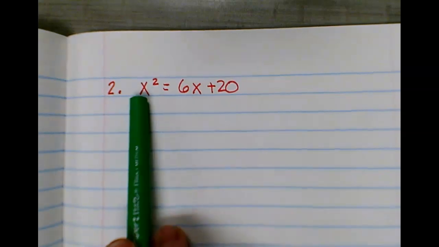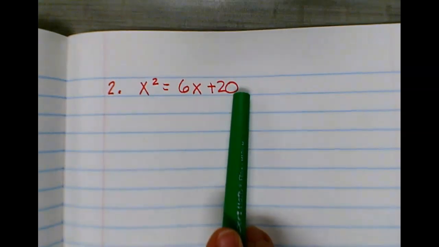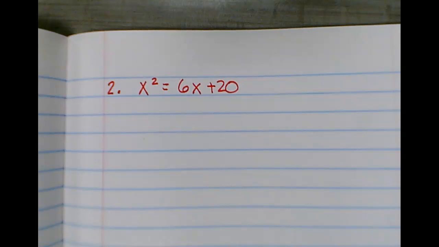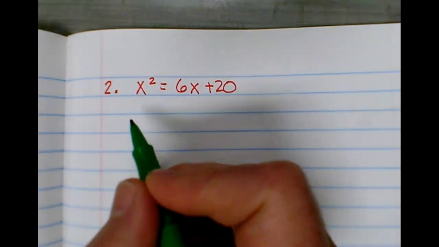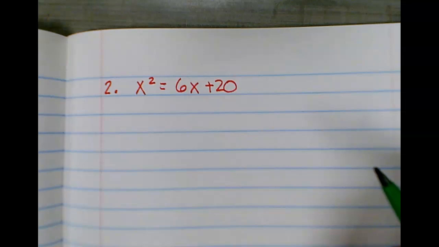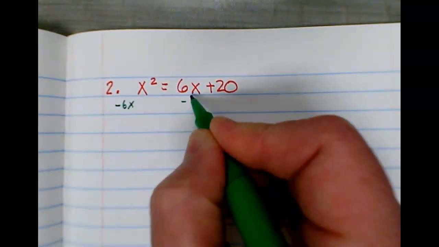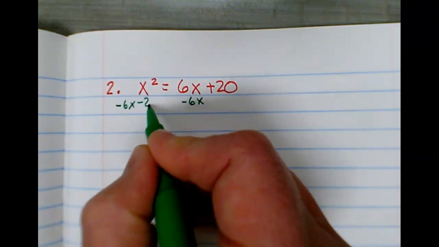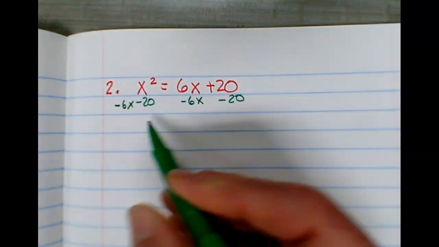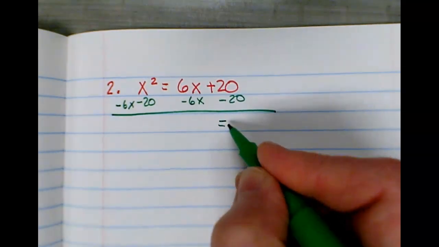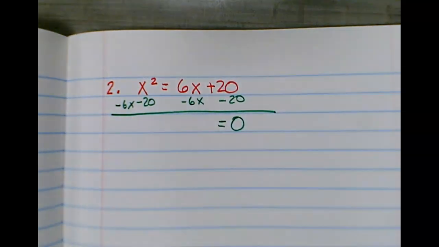Now, I could move this to the right or these to the left. I don't like my a to be negative, and so I'm going to subtract 6x from both sides. I'm going to subtract 20 from both sides, so that all of this will cancel out over here and I have a 0 on this side.